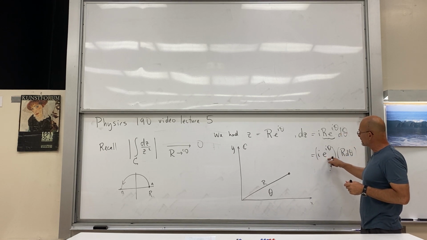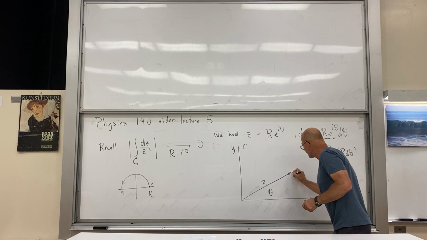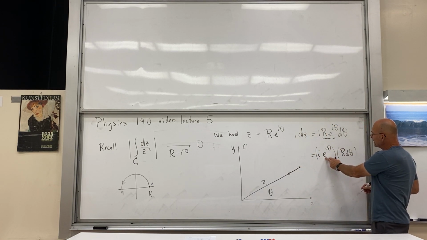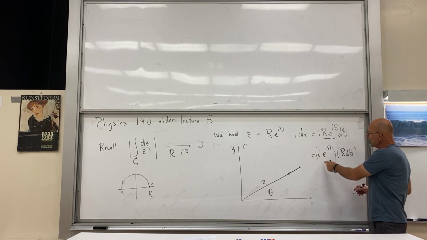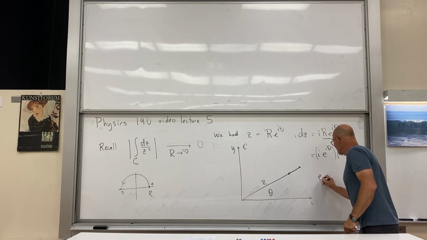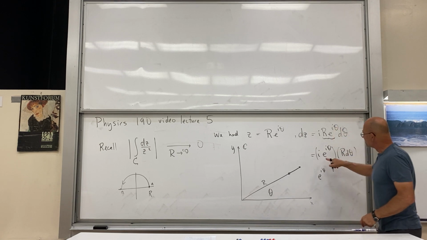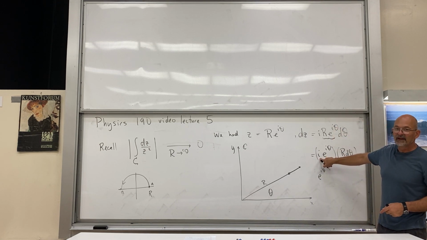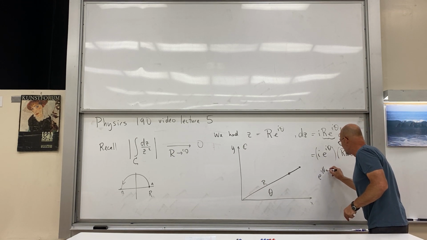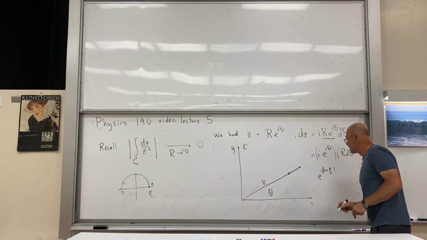That's a unit vector that points here. i times e to the i theta is e to the i theta times e to the i pi over 2, so it's e to the i theta plus pi over 2.